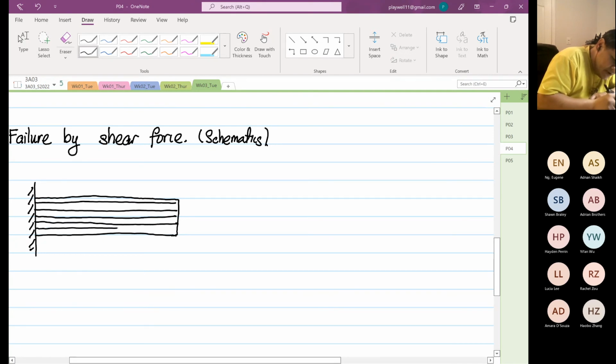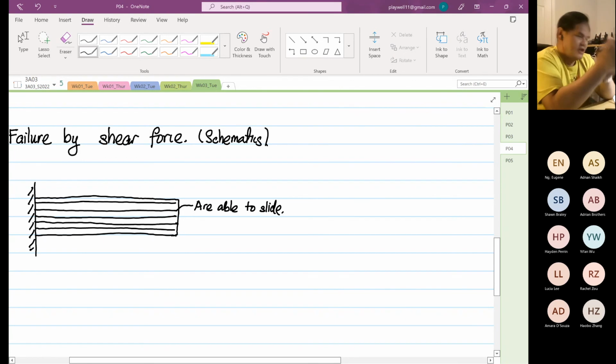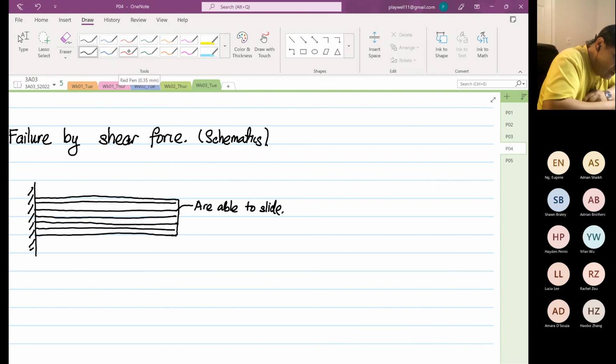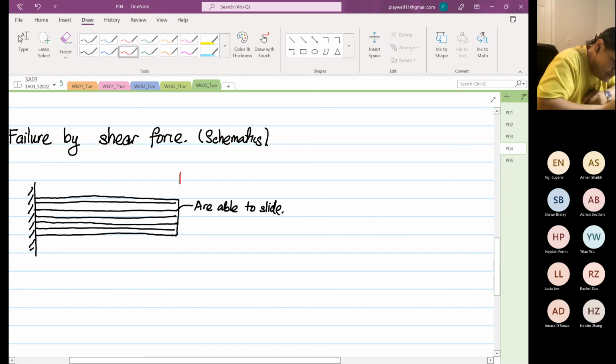So this layer, all these layers, can you imagine like a deck of cards, they are able to slide. Okay, right? So imagine it's a deck of cards. Then we will have a shear force over here. And this is what we call V. Right? V over here defines our shear force. This is our shear force.